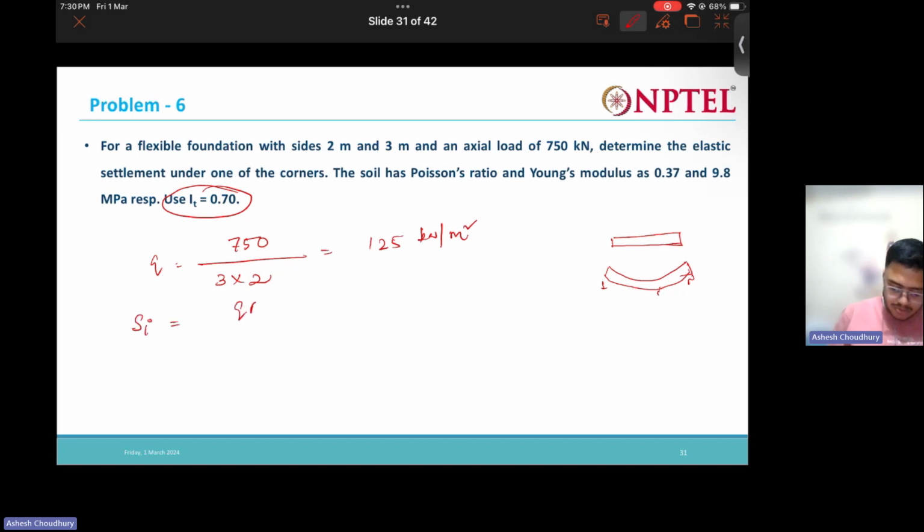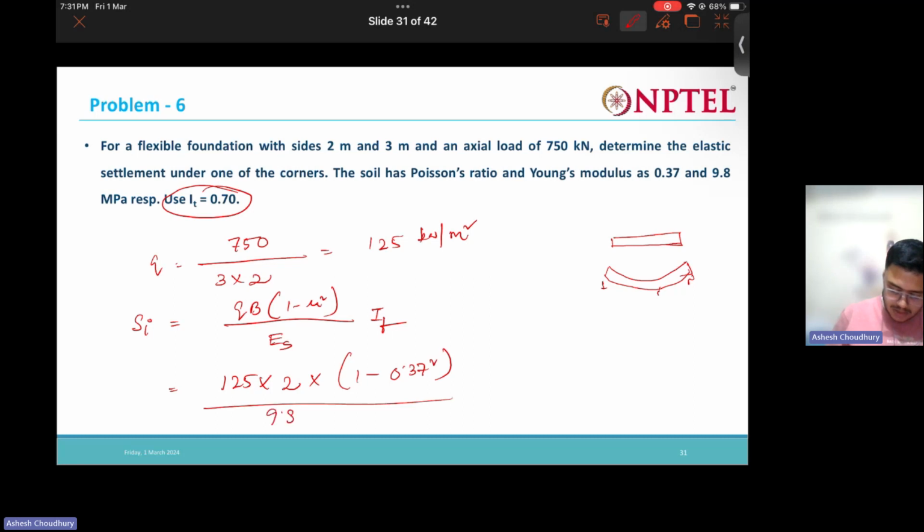Immediate settlement is given by q B (1 minus mu squared) by E, times I. So 125, the width is 2.37, square by 9.8 into 10 to the power 3 kPa, so this will come out as 115.41 mm.